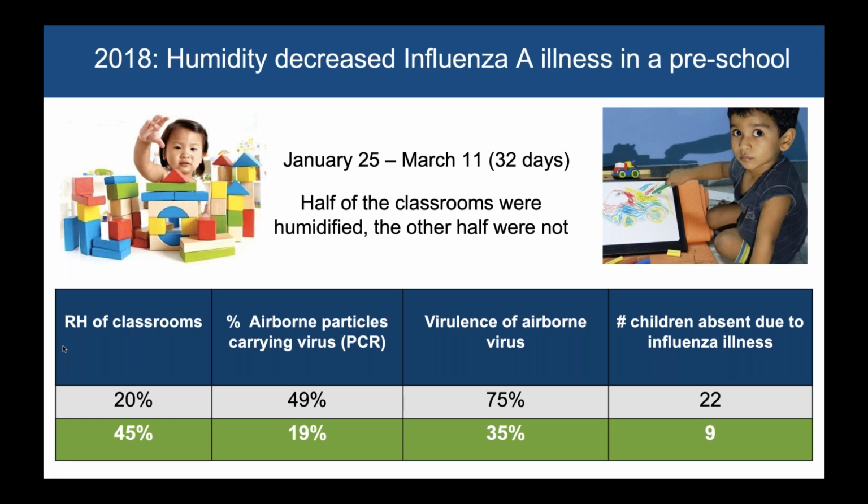You bring in cold air from the outside, bring it indoors, heat it up, and if you don't add water vapor, the relative humidity is going to fall very low. And this study found that in the humidified part of the school, they're specifically looking at influenza A, you had less than half the number of infectious viral particles in the air compared to the non-humidified part.